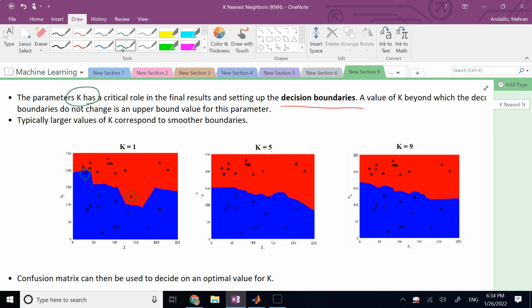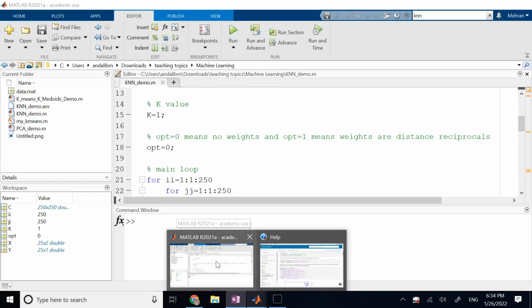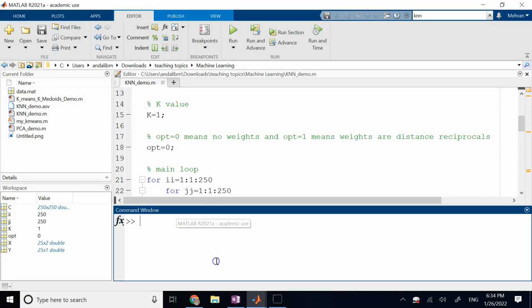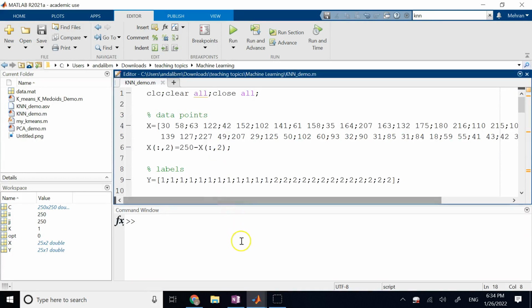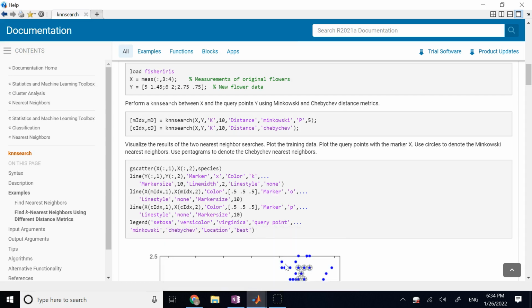Now, how do I generate this graph that you can see here? There are two ways you can handle it. You can either write your own code, which here I did for you, or you can use the built-in function in MATLAB if you're using MATLAB. For MATLAB, there is this function knnsearch.